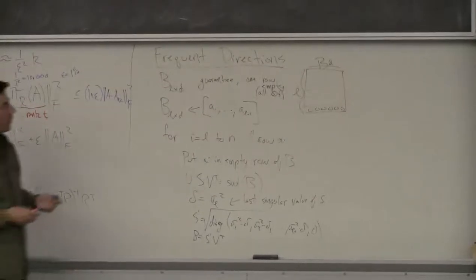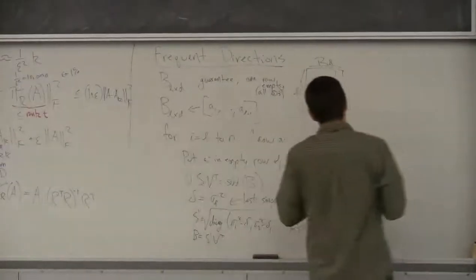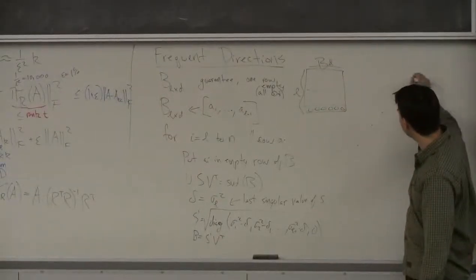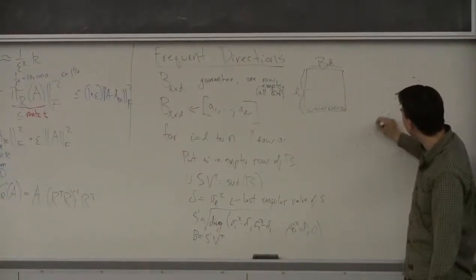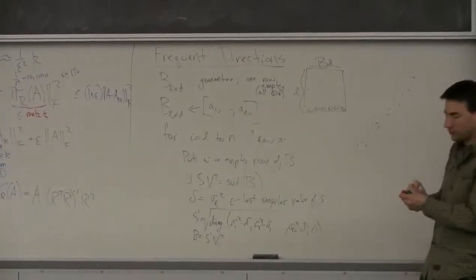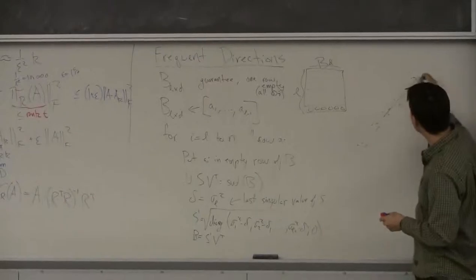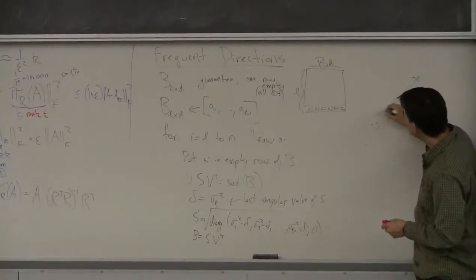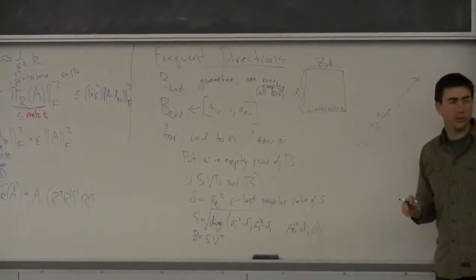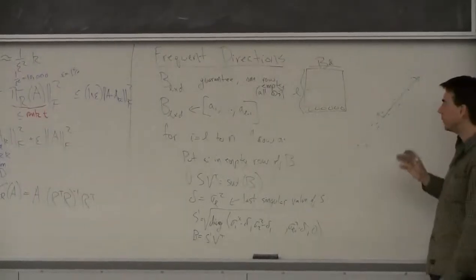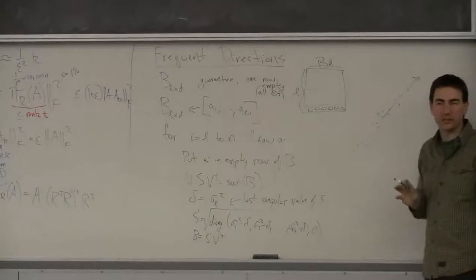Okay, so one way of thinking about this is I started out with all of these data points, and I've already stored them in B. So let's say L was equal to 2 in this case, because that's the only thing I can draw.